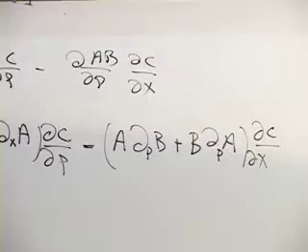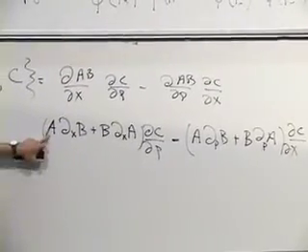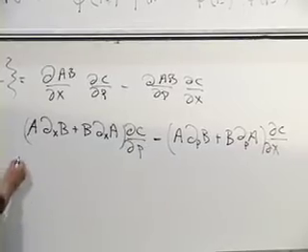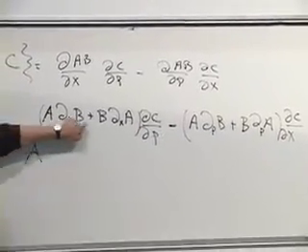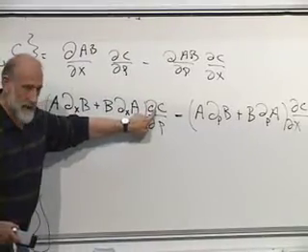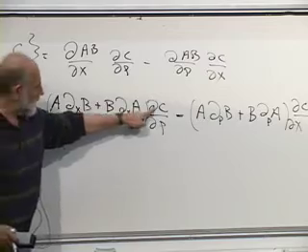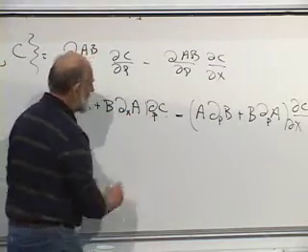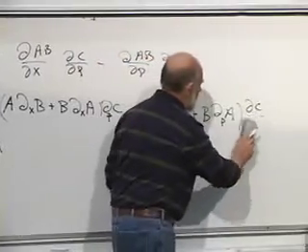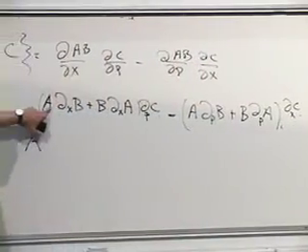Now let's group these. Let's find all the terms with A standing out in front of them. We have A times something, dxB dpC. This is the derivative of B with respect to x, derivative of C with respect to p. Let's write it in the same notation. Take this one and this one.